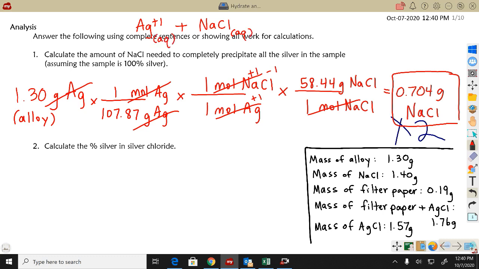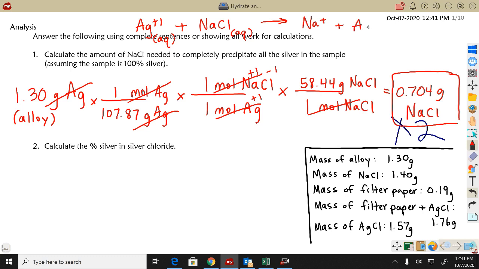Aqueous means in solution. So we had these colorless silver ions in the solution. We took the sodium chloride, we dissolved it in water to make it aqueous, and then eventually it's one of those replacement reactions where the sodium ions switch place with the silver.